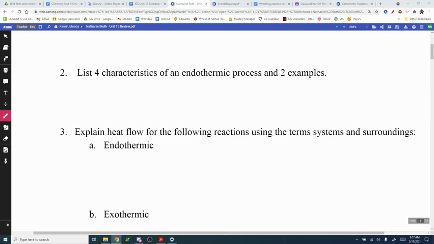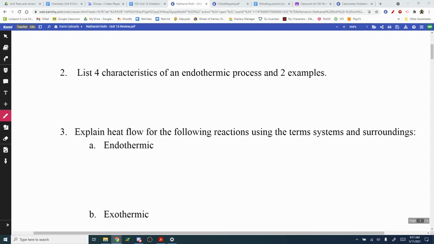The energy of the reactants is lower than the products. So, energy of reactants, there isn't very much energy. It needs to absorb energy in order to react. So, once it absorbs that energy, the products then have more energy than the reactants. And then heat flows from surroundings to the system.